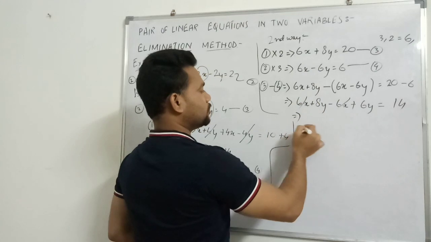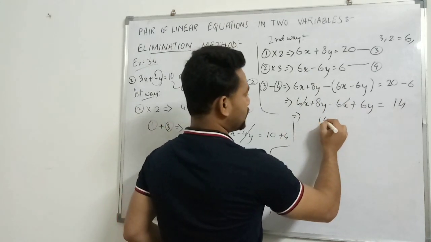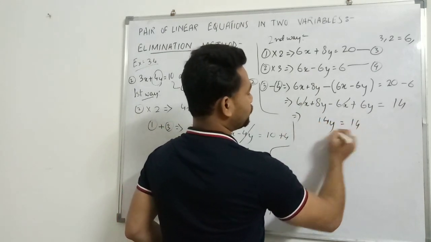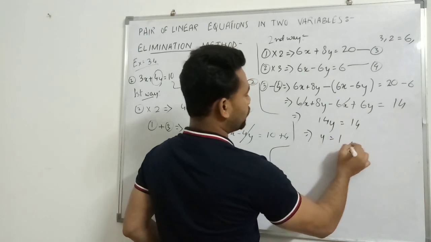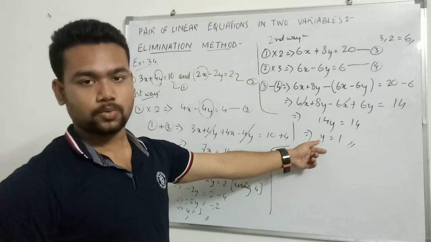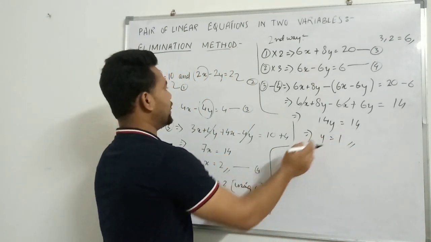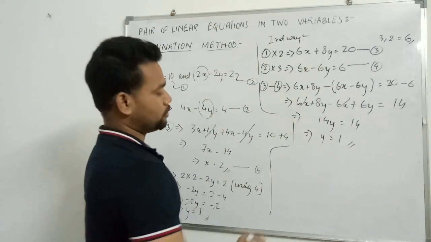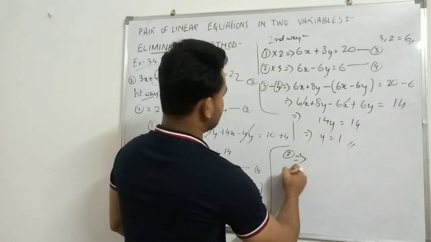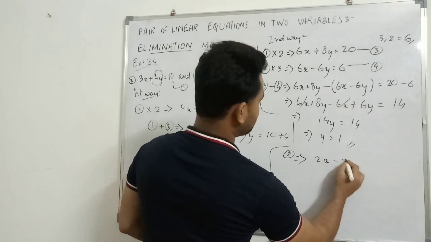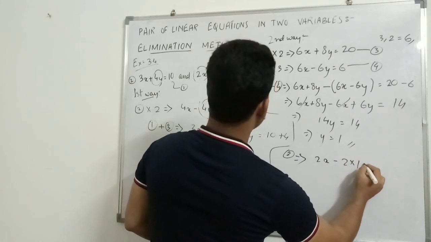Now see, 6x is gone, and 8y plus 6y becomes 14y. So 14, so y is equal to 1. So you found y is 1. Now find x. I will use equation 2 because equation 2 is the simplest one. 2x minus 2 into 1. Why is it 1?